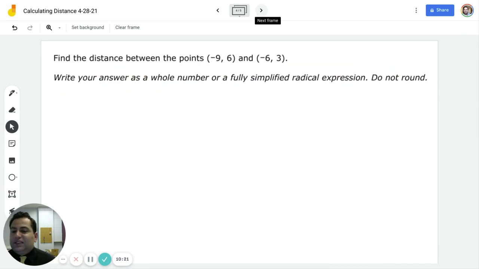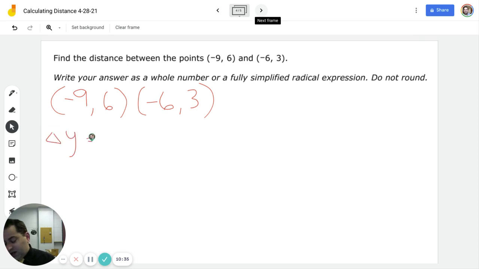So here I want to find the distance between -9 and 6 and -6 and 3. Let's find our change in y, right? So I'm going to do 3 minus the 6.